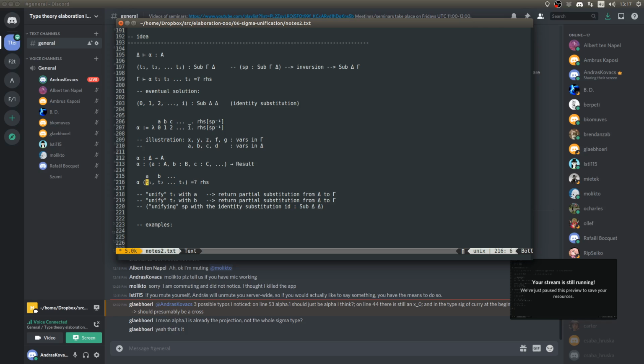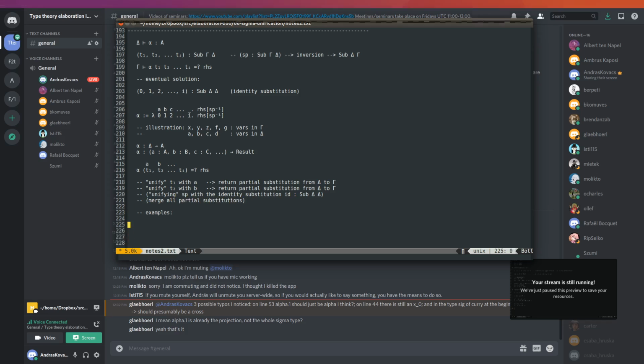So all of these unifications compute some partial substitution from delta to gamma, which means that gamma variables are mapped to some delta variables, and after I finish doing each of these unification things, then I can combine all of the resulting partial substitutions together. But let's see some examples. So merge all partial substitutions.